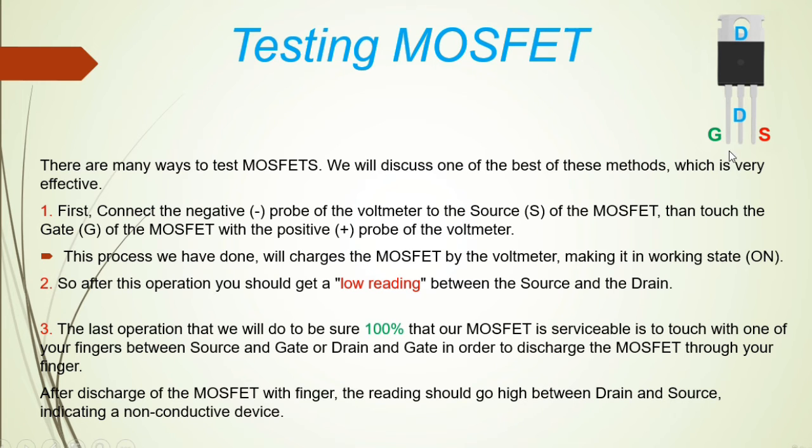And then, if you use the voltmeter and measure the resistance between drain and source, you will find a high resistance. Okay? Indicating a non-conductive device. So this is the best method that you can use to verify if the MOSFET is good or not, using your multimeter.